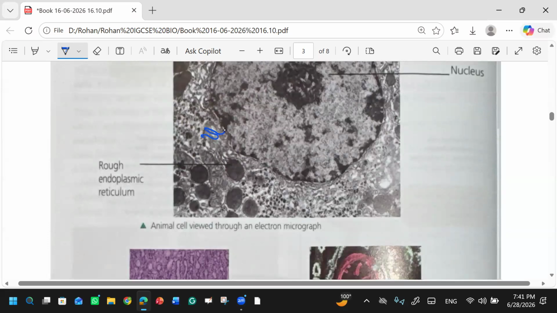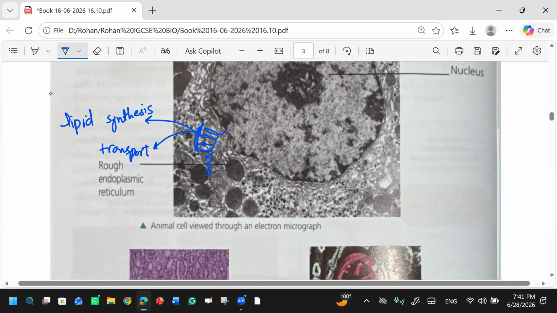Over here there will be smooth endoplasmic reticulum, then rough endoplasmic reticulum will start. This smooth region will help to transport material, and it is also responsible for lipid synthesis.